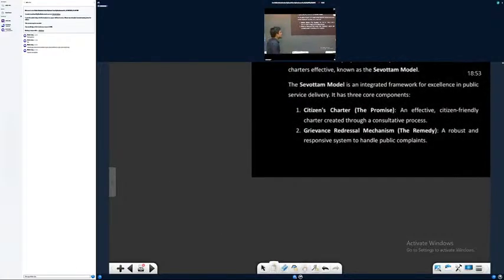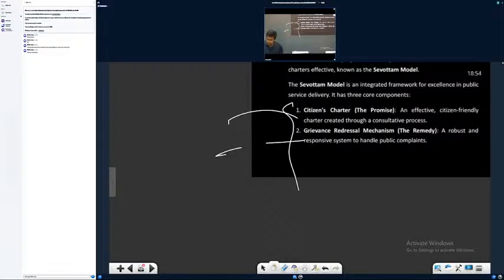Now, there are three core components within this Sevottam model that the Second ARC is talking about. First is the citizen charter. This is the promise that our organization will deliver these goods and services. Then there is the grievance redressal mechanism. This is the remedy.